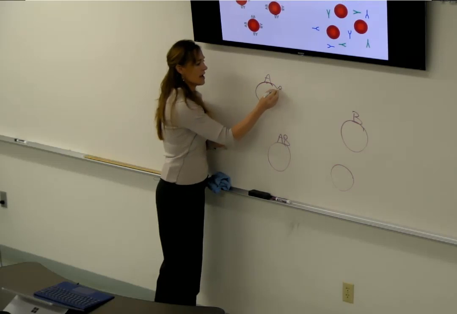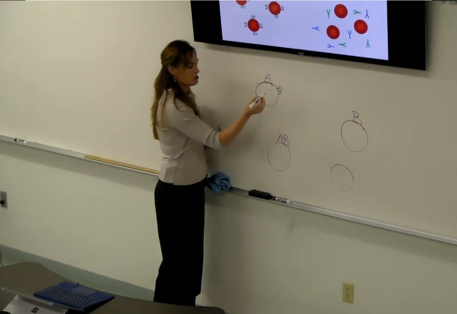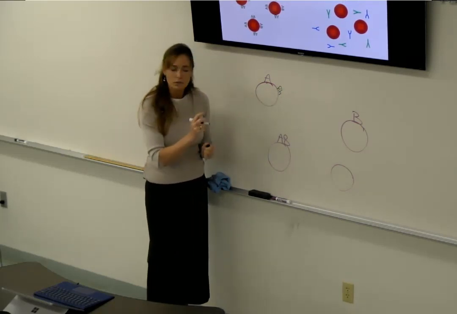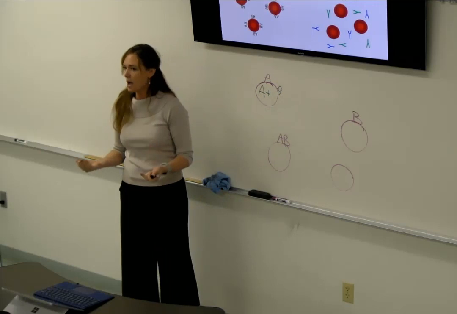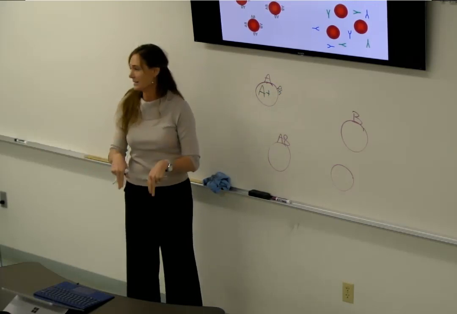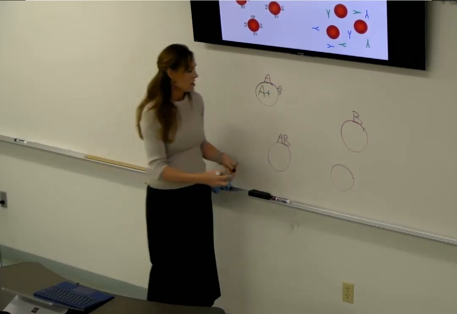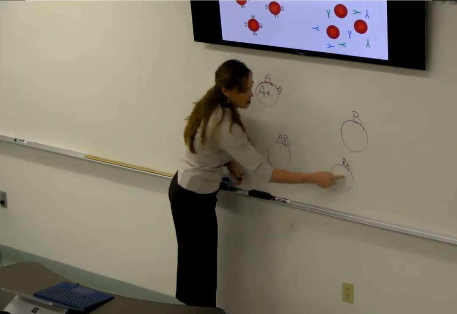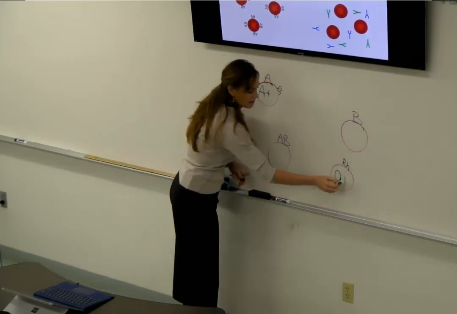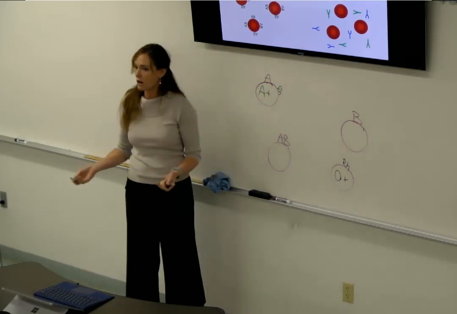If this one has an RH surface marker, then you would say this person is positive. They are A positive because they're positive that it's there. The positive or plus means that it's present. If this one has an RH on the surface, this would be O, and it would also be positive because there's an RH factor.